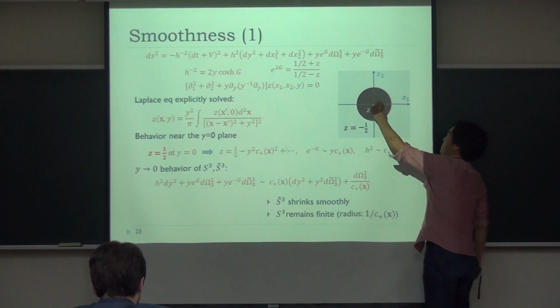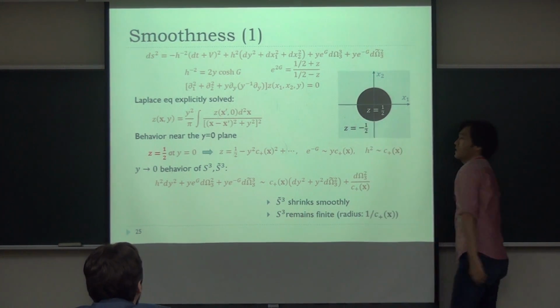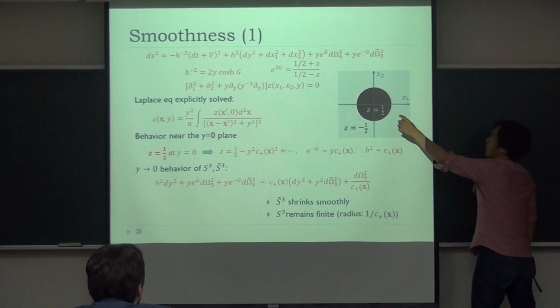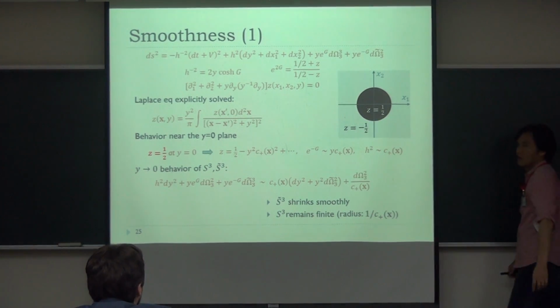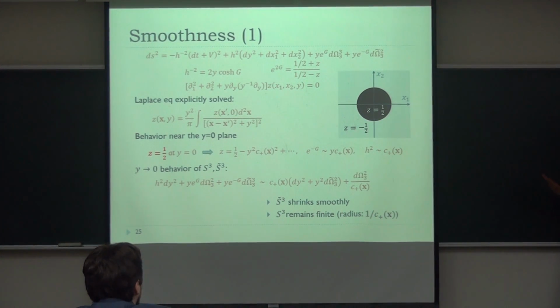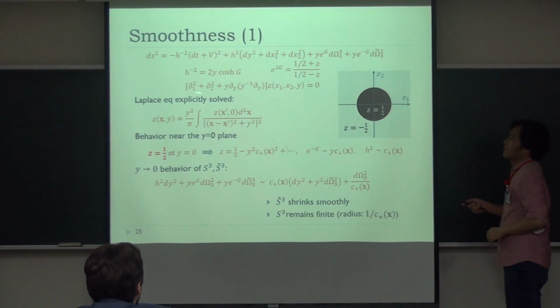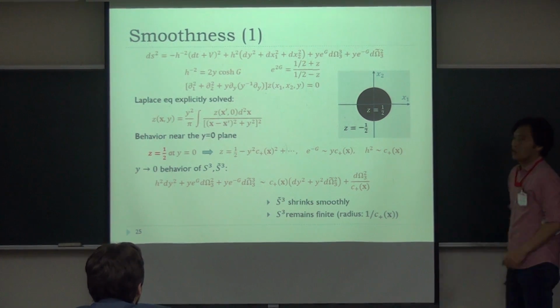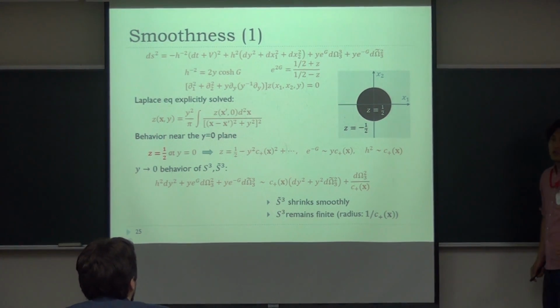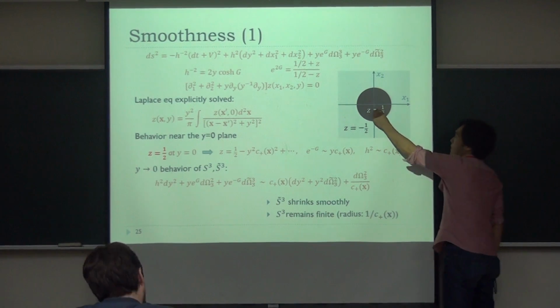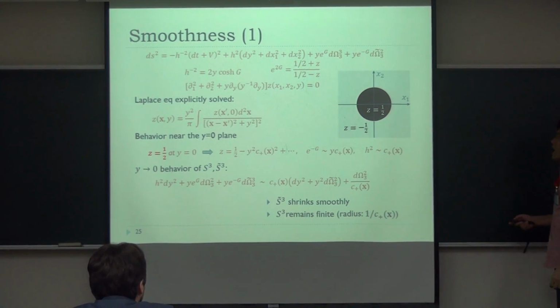But if you're really close to this plane, where the point is black, then it's like the entire plane is black, right? Because you can only see the point nearby contributing to this integral. So if you're really close to the point where it's black, then you can approximate this integral by replacing z by simply +1/2.